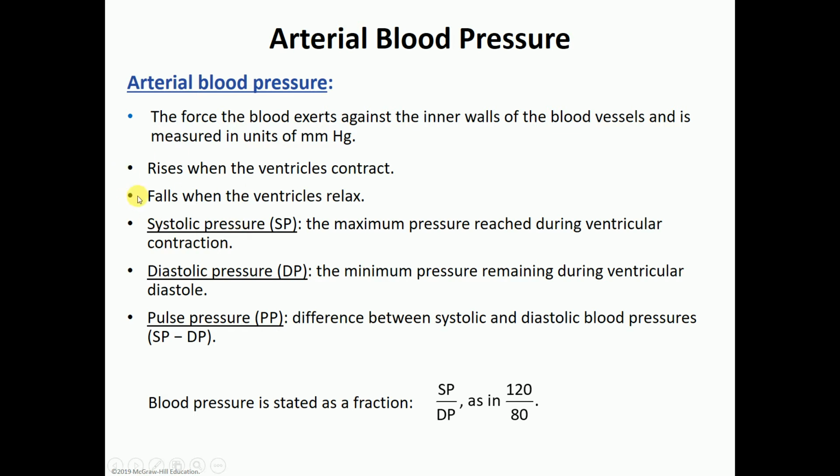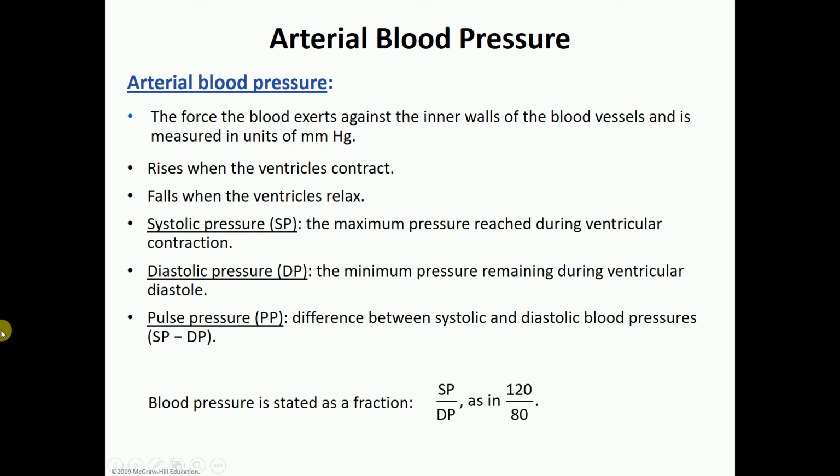There is a systolic pressure, and that's the maximum pressure that happens inside of the blood vessels, inside of the arteries, to be specific, during ventricular contraction. And then there's diastolic pressure, and that is the minimum pressure that remains inside of the blood vessels during ventricular diastole. The difference between these two pressures is known as a pulse pressure.